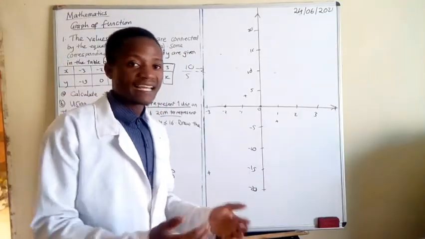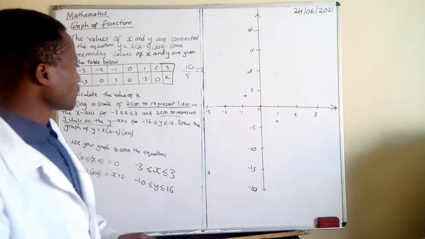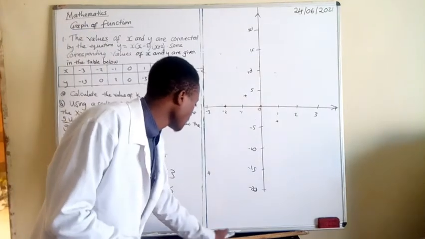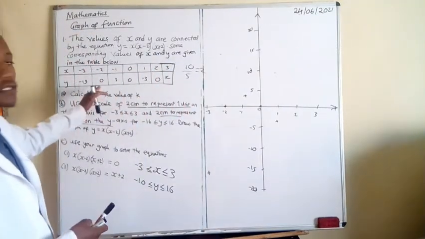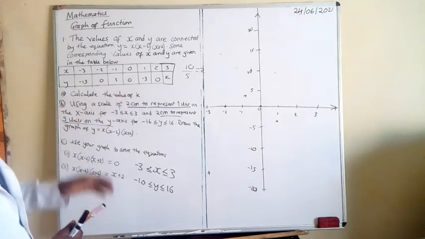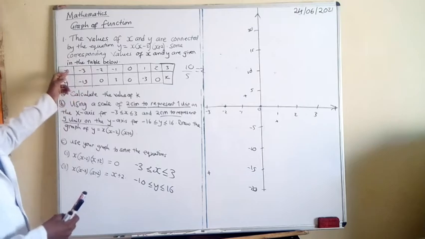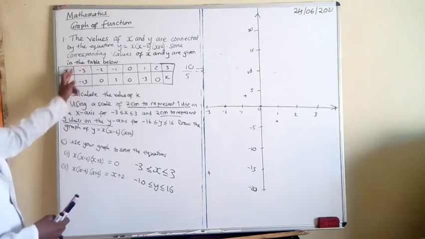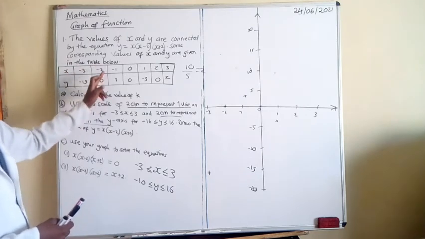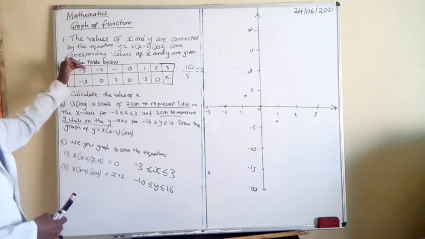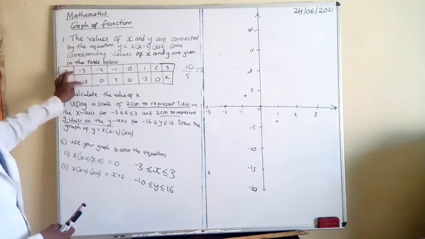Okay, so after you are done preparing the graph, as I said earlier, we start putting these points on the graph paper. The point is made up of the value of x and the value of y. So this is 1 point, that is also 1 point. When getting the values, you get both the one on top and the one down there.